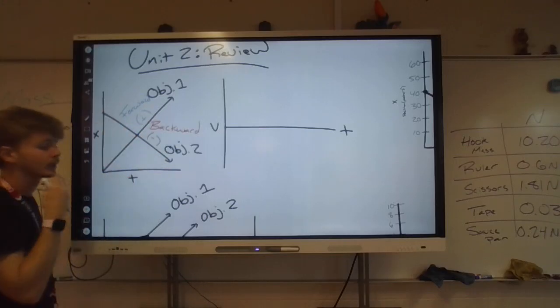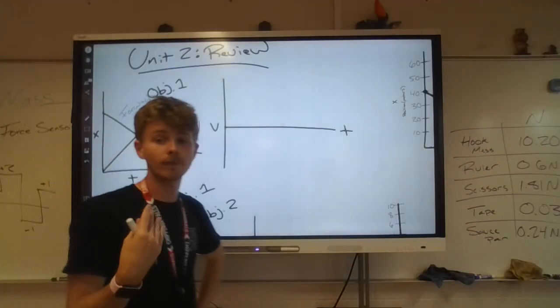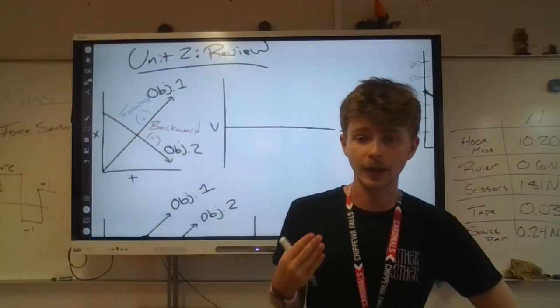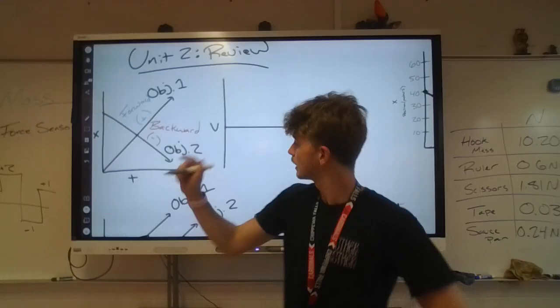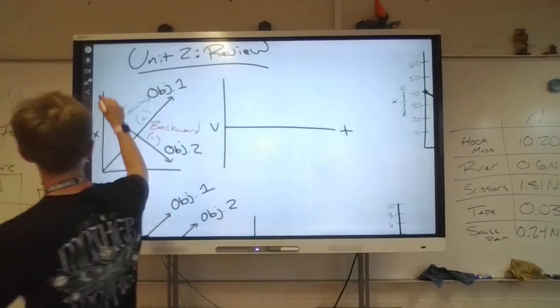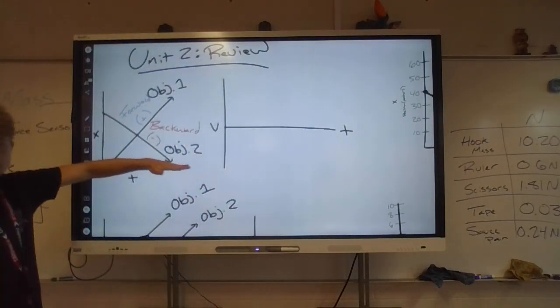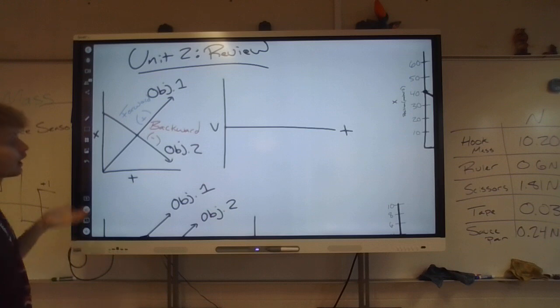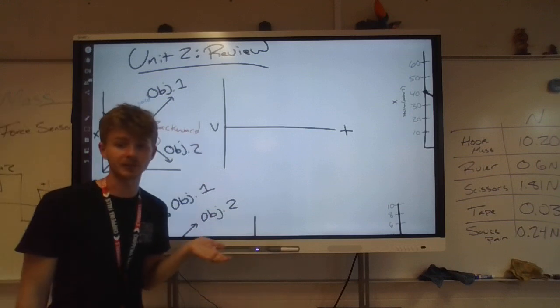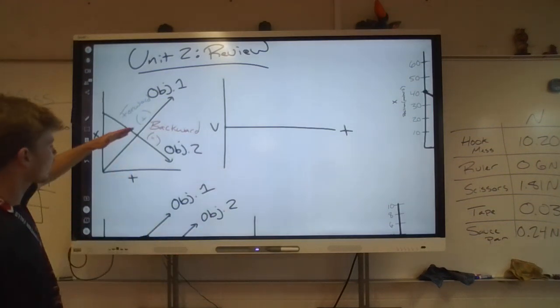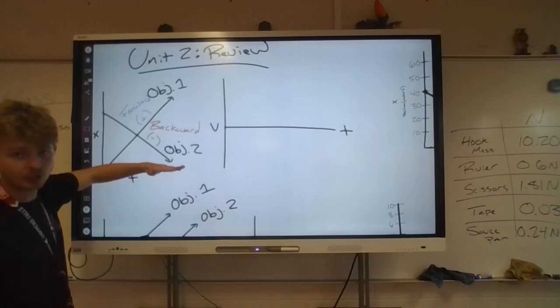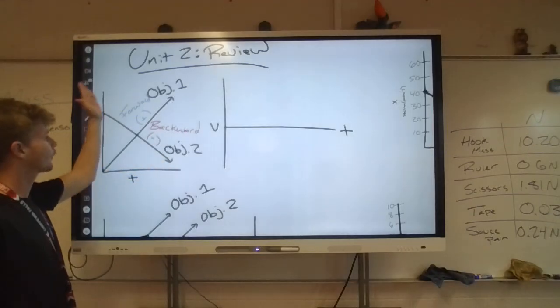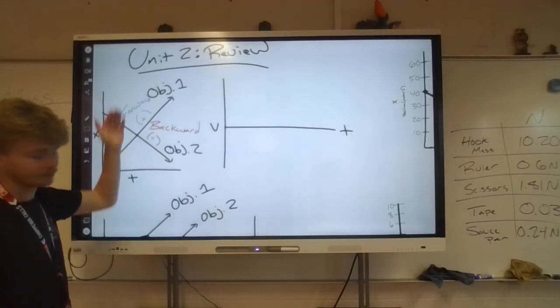The steepness of the line determines how fast the object's going. The more steep or vertical the line is, the faster it's going. The more horizontal, aka side to side, the line is, the slower the object is going. How I like to think about it is, if the line looks more like your x-axis, it's going slow. If it's more like your y-axis, it's going fast.